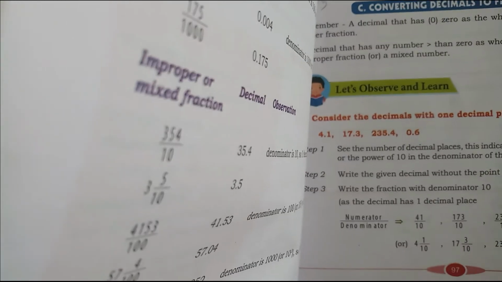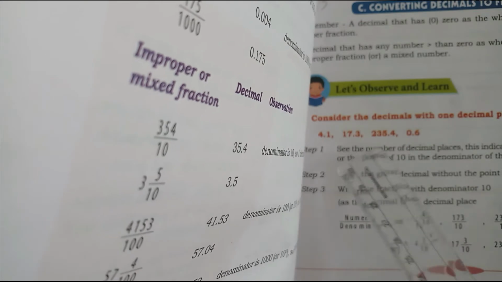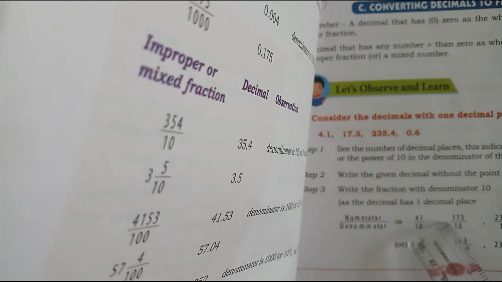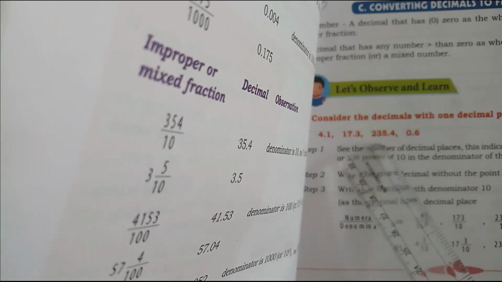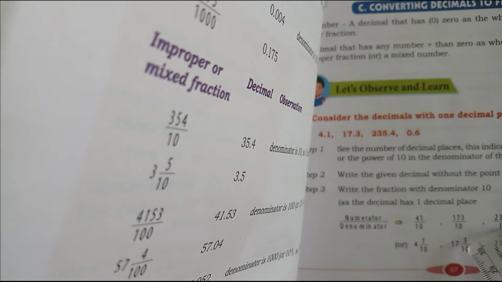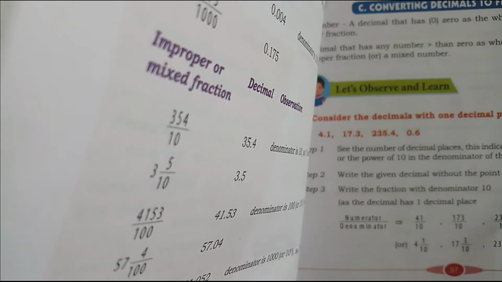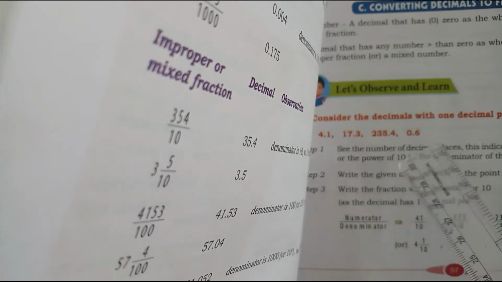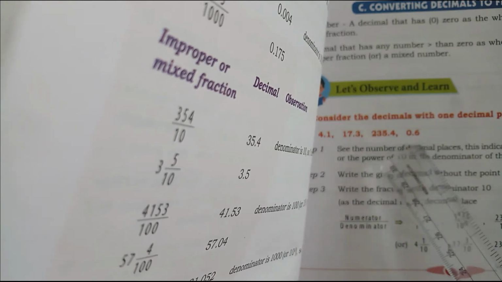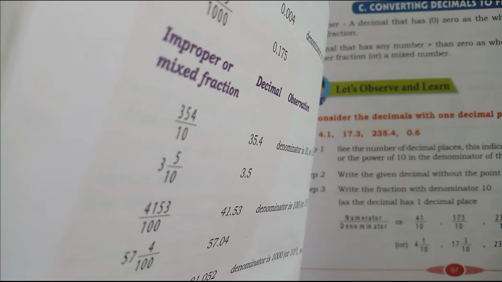Is it clear now? 41 by 10. 17.3 we have written as 173 by 10, and 235.4 we have written as 2354 by 10, because only one place, right, after the decimal. So 0.6 we have written as 6 by 10.